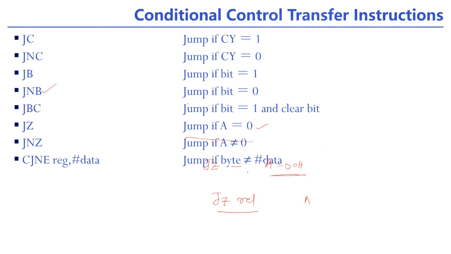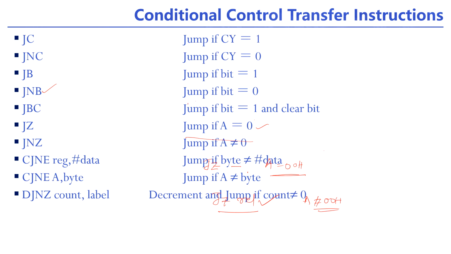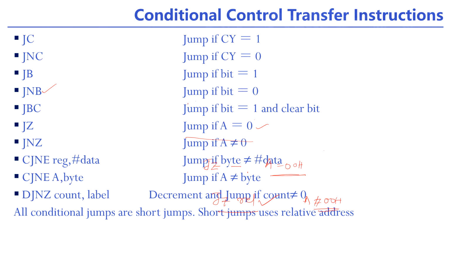In this case, A is not equal to 00H, and only then will it jump to the new location. Otherwise, it proceeds with the next instruction. Next, CJNE register has data, CJNE A comma byte, and DJNZ count comma label.